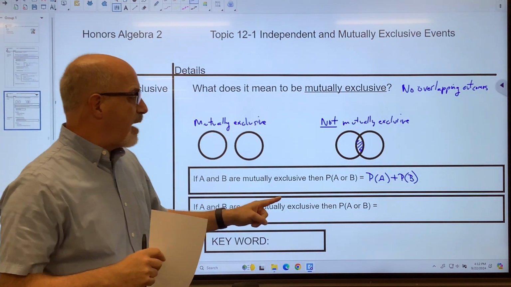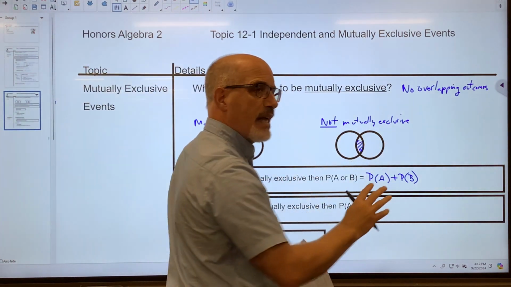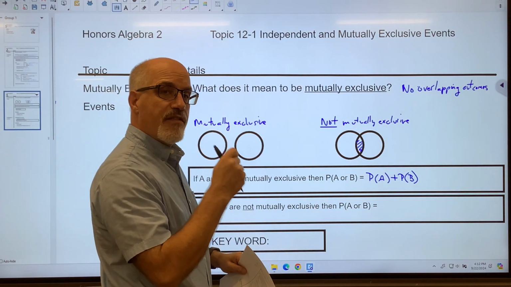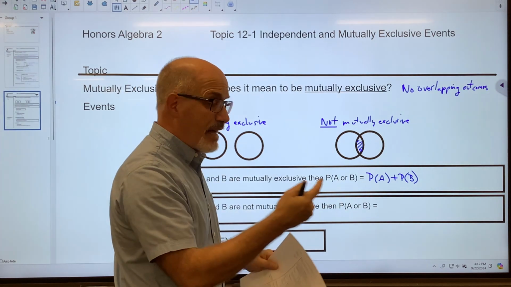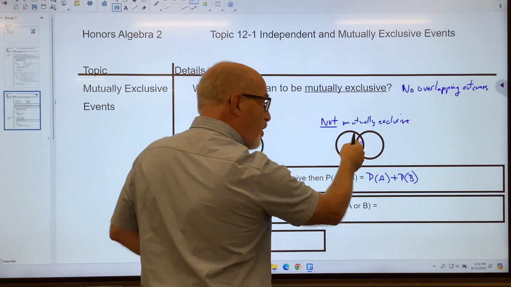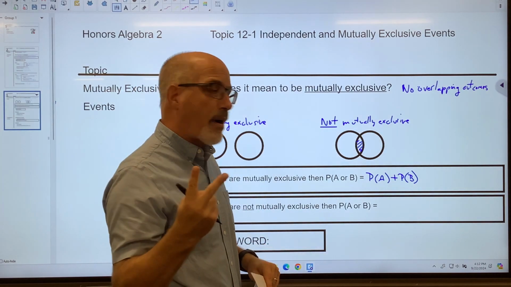Now, what if they're not mutually exclusive? If you look at something like this where there's some overlap, let's say that I'm rolling a die and I talk about the probability of getting a 4 or an even, those overlap. 4 is even. So when there's overlap, you're counting this part twice in your probability.